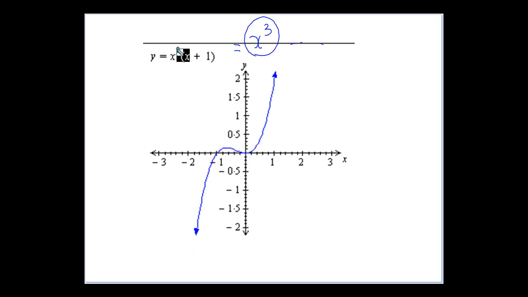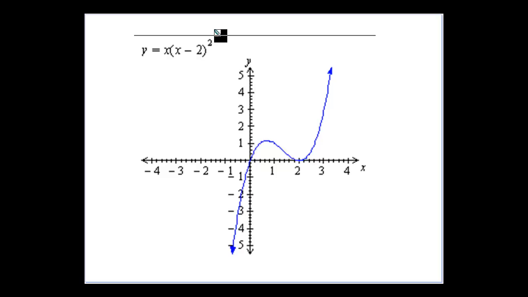Again, x squared times (x plus 1), well, it's got a double root there at the origin, because when x is equal to 0, y would be equal to 0, so it's going to go through the origin and have that double root at that point. The other root is minus 1. Again, because it's x cubed, as x approaches infinity, y would approach infinity, and as x approaches negative infinity, y would approach negative infinity.